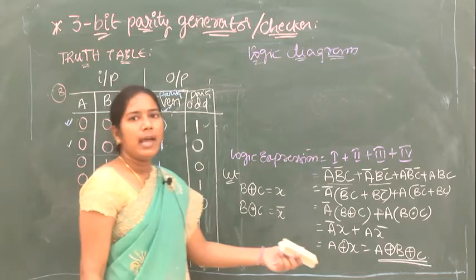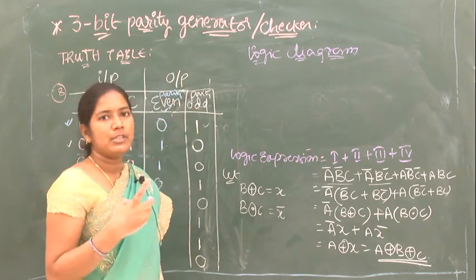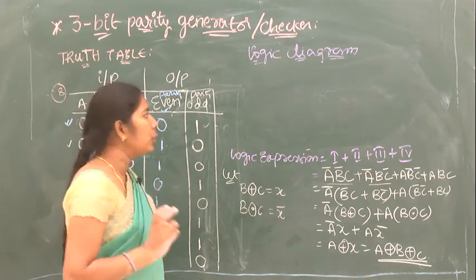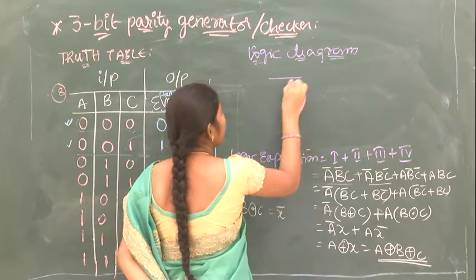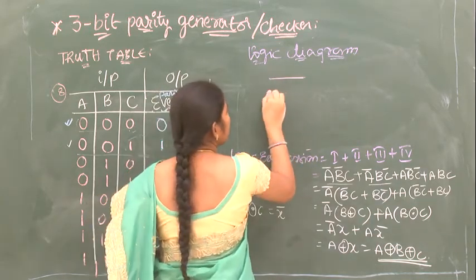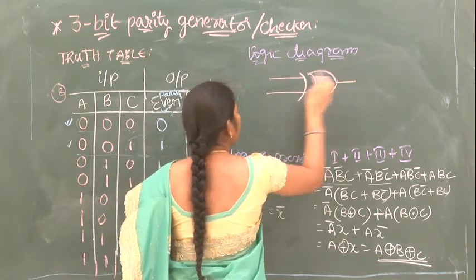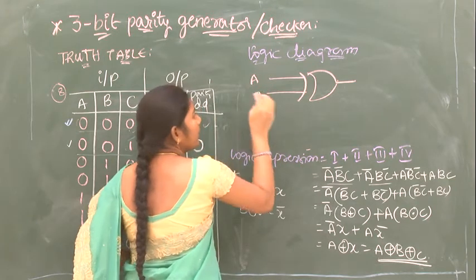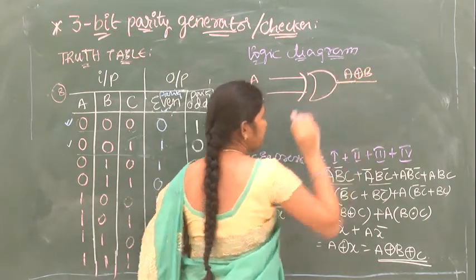As it is simply an exclusive OR function, we know an exclusive OR gate has only two inputs. So first I will consider inputs A and B with an exclusive OR gate, so we can generate the A exclusive OR B function.